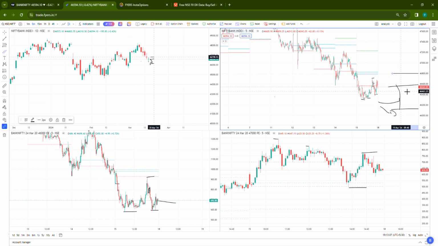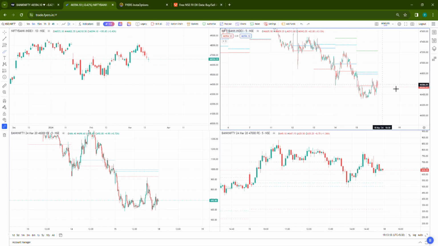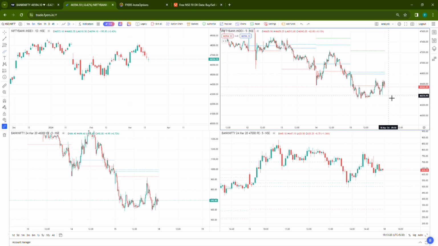If this does not happen, and we don't get a very big gap up or gap down, then we look at other trades. If we get a 50 to 100 points gap down and it breaks this particular level or trend line, then we'll look for a downside trade only, trading in favor of the gap.